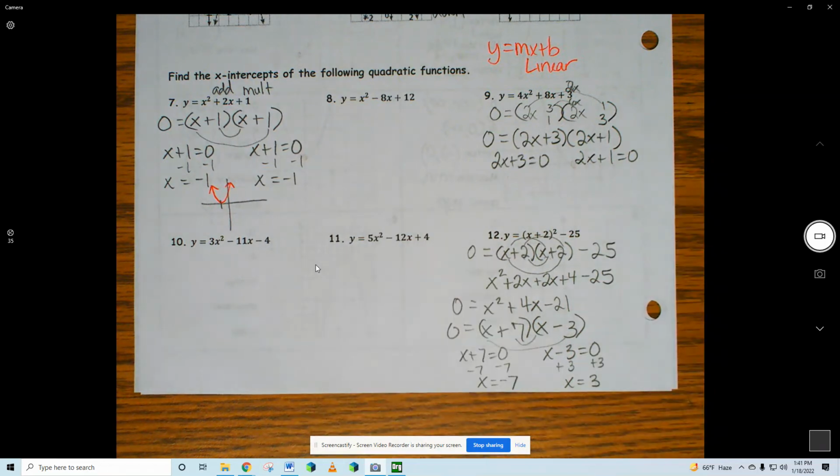Da-da-da, go, go. When I have a 2x plus 3 equals 0, what's my x value? You're doing number 9. You're solving for x.